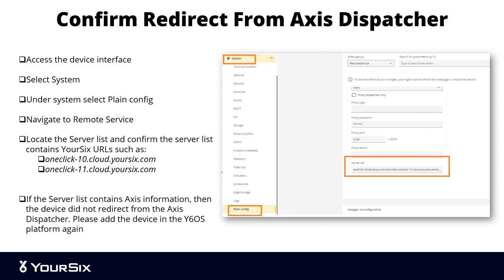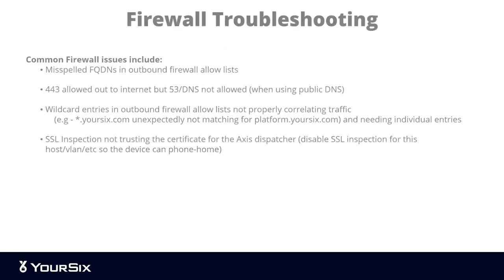You basically need to confirm that that device has cloud.yoursix.com URLs. If for any reason there is access information in there and not an actual YourSix URL, then the device did not redirect from the dispatcher. So please add the device to the YourSixOS platform again.